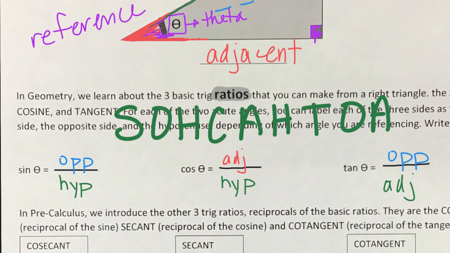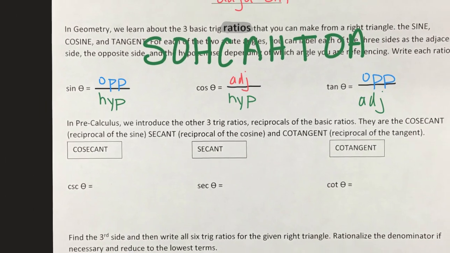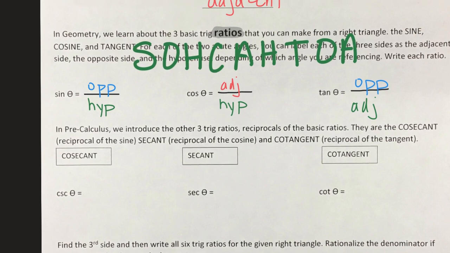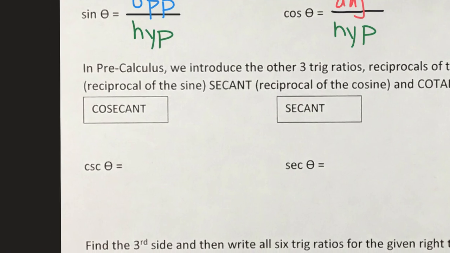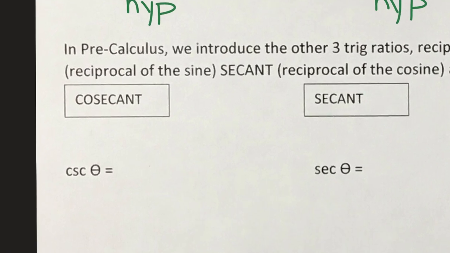So now let's talk about our other three trig ratios: the cosecant, the secant, and the cotangent. And these, like it says, are all reciprocals. The cosecant is the reciprocal of the sine. So if the sine was opposite over hypotenuse, that means the cosecant is the hypotenuse over the opposite.